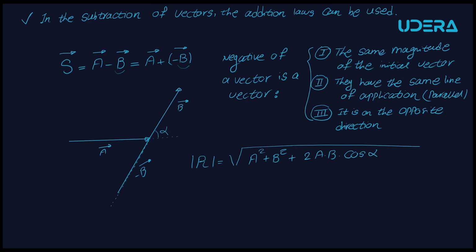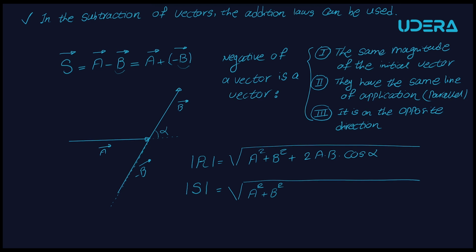So when it comes to A plus minus B, now I'm going to write this formula with a bit of change in the case of minus B. So I can rewrite it for subtraction. It will be A square plus B square.